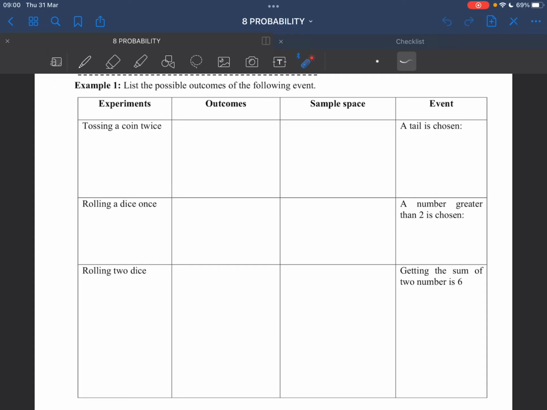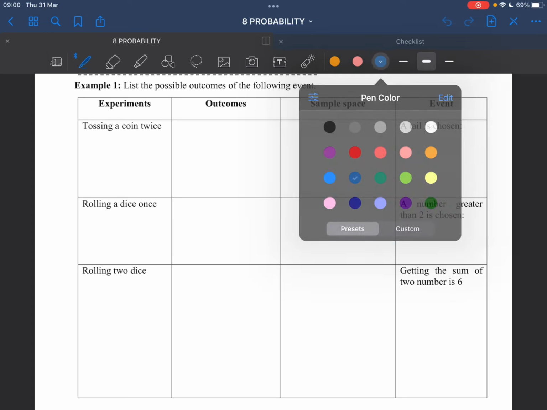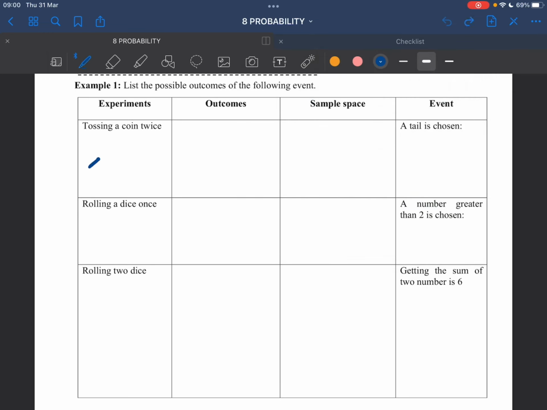If you toss your coin twice, the first toss will be head or tail. That is your first toss. For the second toss, if you get head on the first toss, maybe you get head or tail on the second toss. Same thing, if you get tail on the first toss, you maybe get head or tail on the second toss.